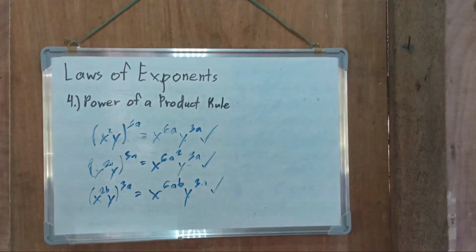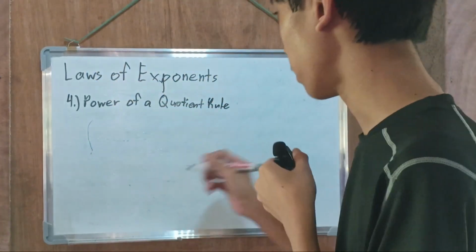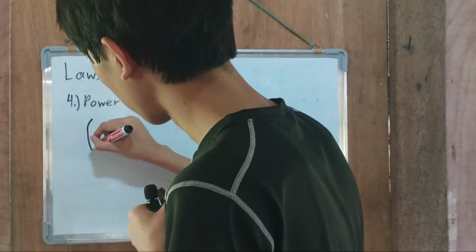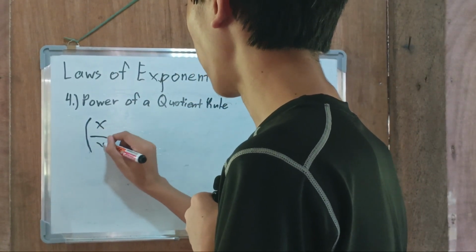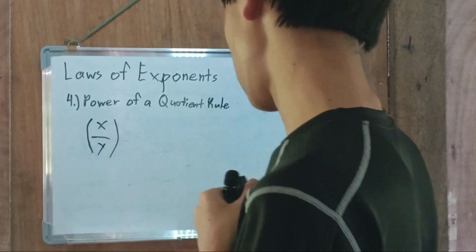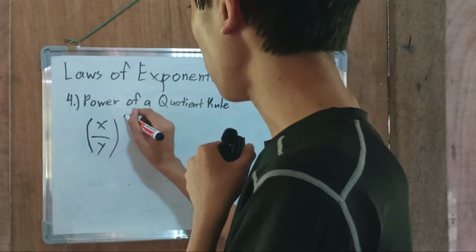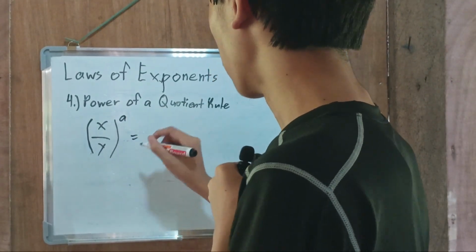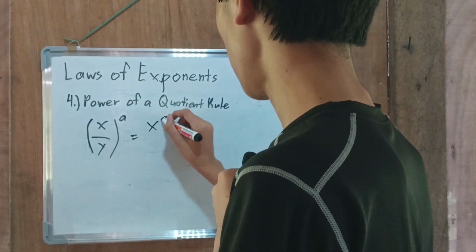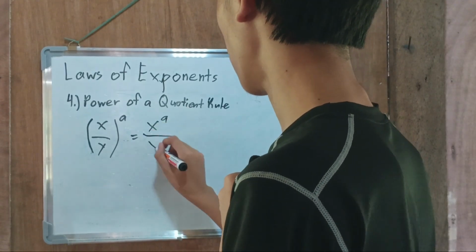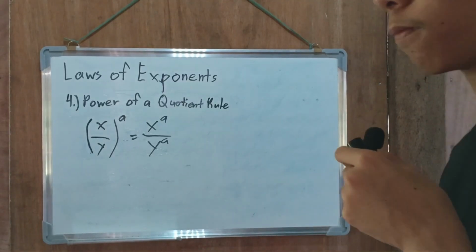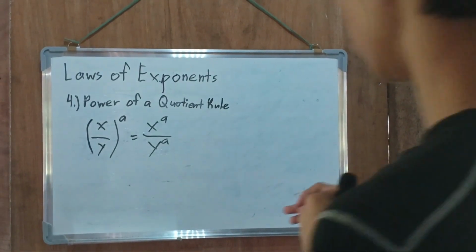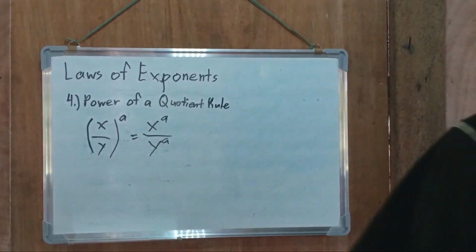It states here that x divided by y raised to a equals x raised to a divided by y raised to a. It's still the same thing, you just need to distribute.